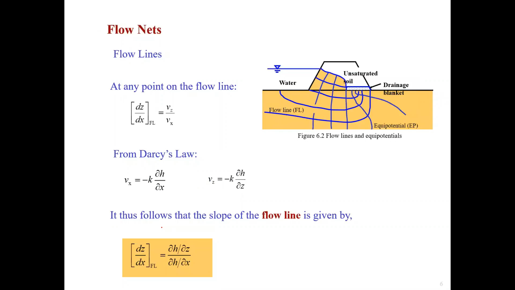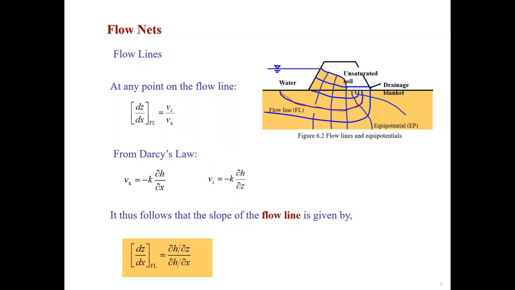Another equation could be solved, similar to the Laplace equation, but perpendicular in essence to the equipotential lines. We call these the flow lines, because they represent the path that a drop of water would take to travel through the soil.